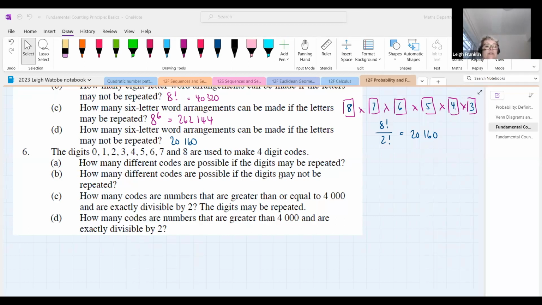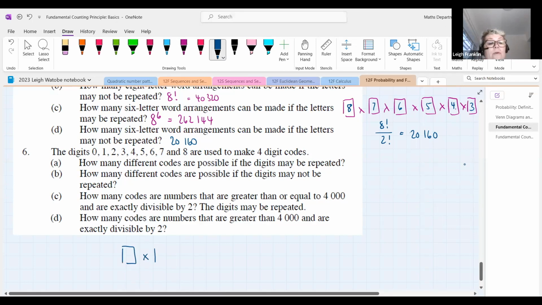All right, let's have a look at 6a. We've got the digits 0, 1, 2, 3, 4, 5, 6, 7, and 8, and we're using them to make 4-digit codes. So let's get our blocks: 1, 2, 3, 4.